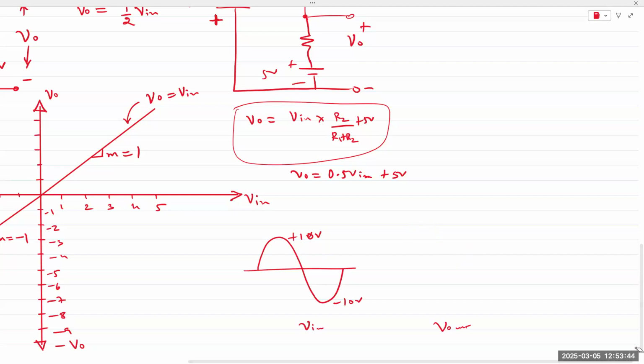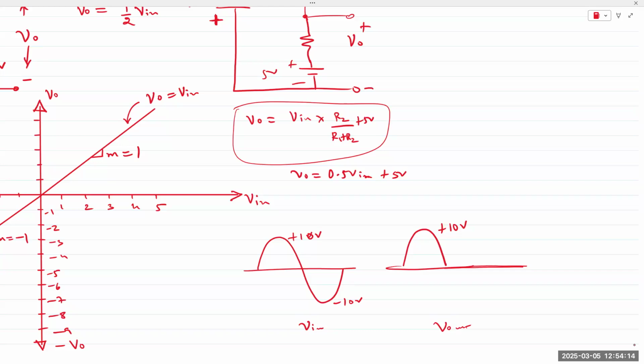No, actually, no. It would be 10 volts in the positive half cycle, so it'll still be plus 10 volts. And in the negative half cycle, V out is half of V in plus 5. So it shifts. I'm confusing myself. Minus 5. It's off. So V out is off.